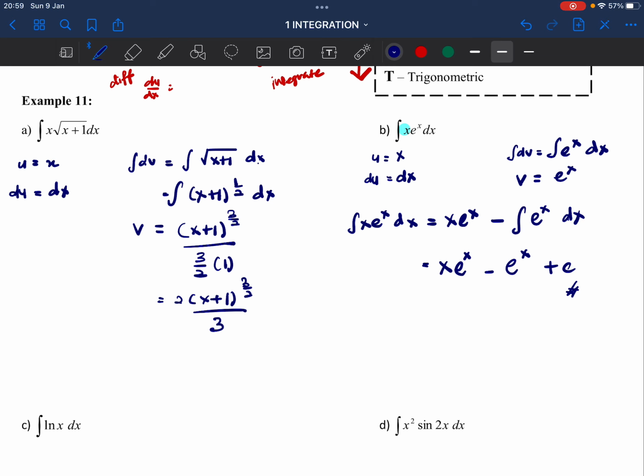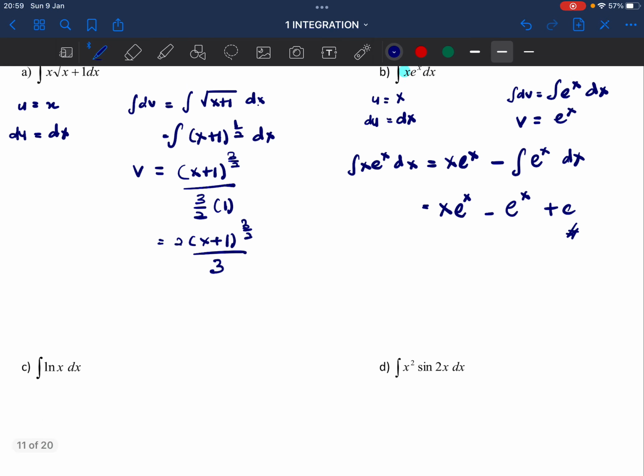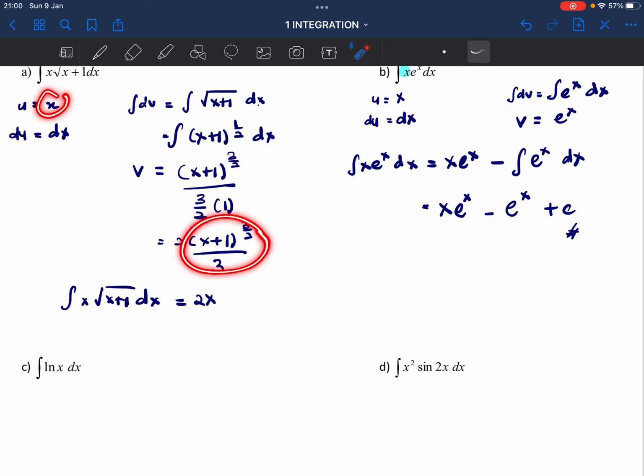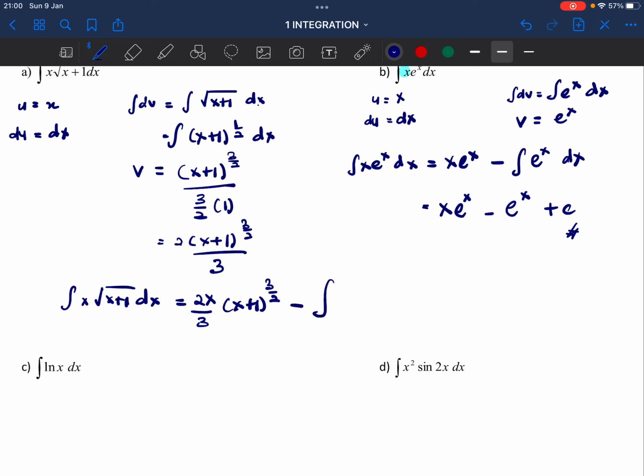Okay, so now straight away into the formula. Okay, u dv is the question, so integrate x square root x plus 1 dx equals to uv. So uv is x, this one times by this one, so you should get 2x over 3 x plus 1 power 3 over 2 minus integrate v du.